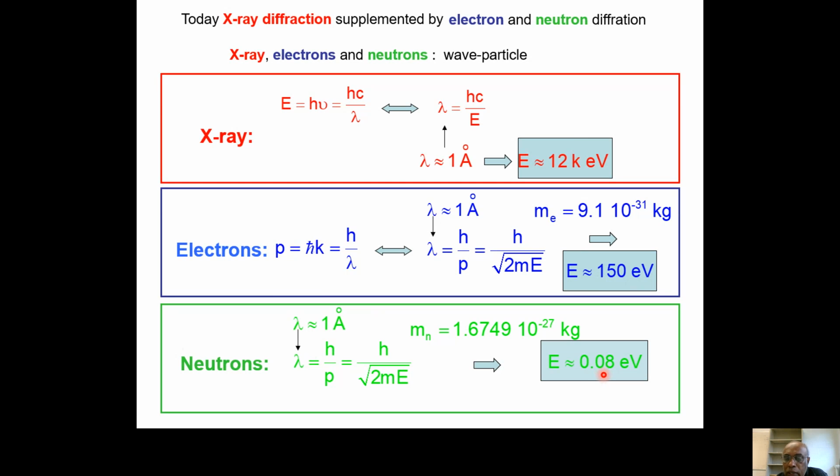Now we are talking about only 1/100th of an electron volt. So you can see how the energy ranges from X-rays to neutrons. Because of that energy difference, we should be able to probe differently.